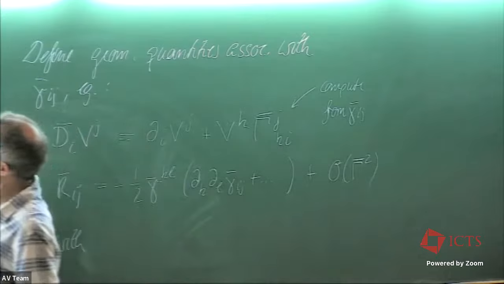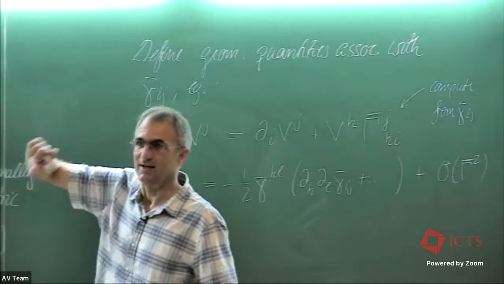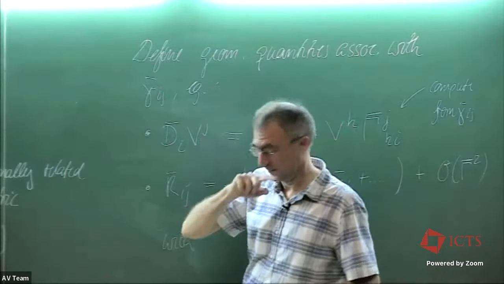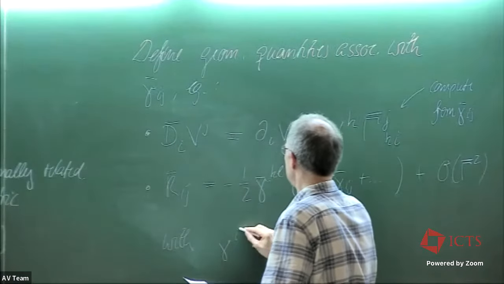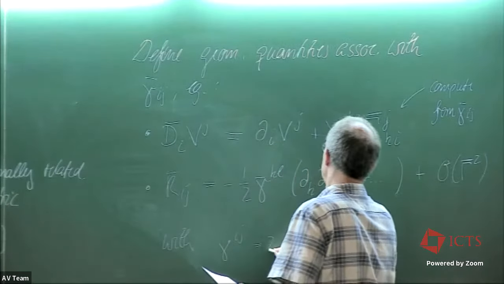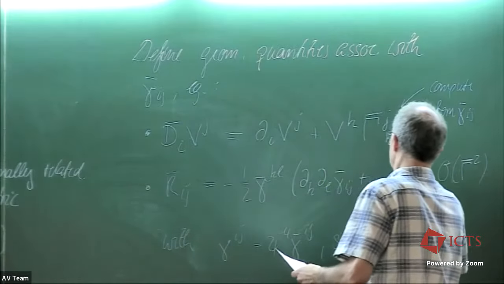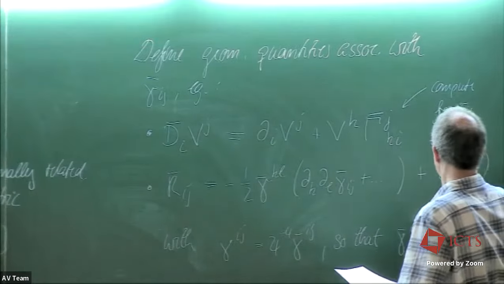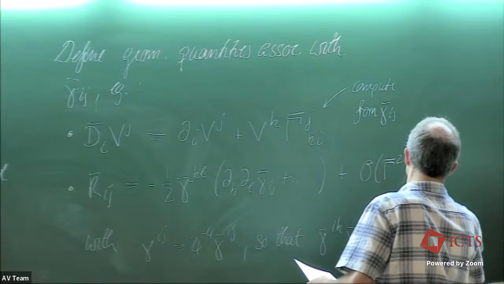We want the inverse metric of gamma bar ij to be defined in such a way that the contraction of the inverse metric with the metric gives us the Kronecker delta. And we get that if we write gamma ij upstairs as psi to the -4 gamma bar ij. Okay? Because in that case, we get gamma ik gamma kj equals delta ij.